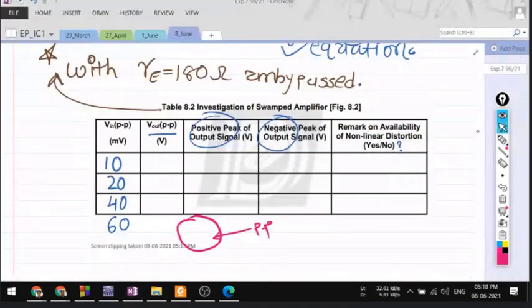Peak to peak is 158.4 millivolt. How much positive? Positive is 79.15, that is 79.2 millivolt, right?